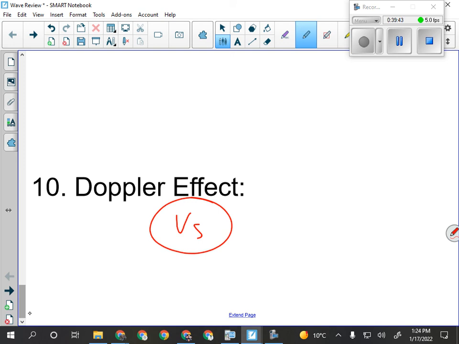Okay, question number 5 is a law of conservation of energy question involving a roller coaster.